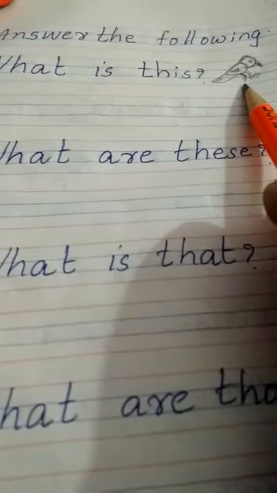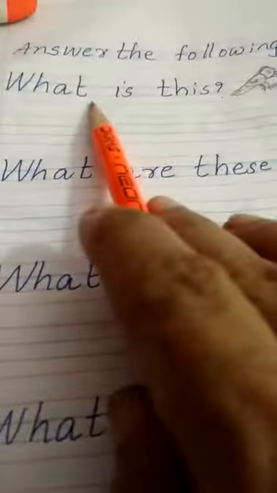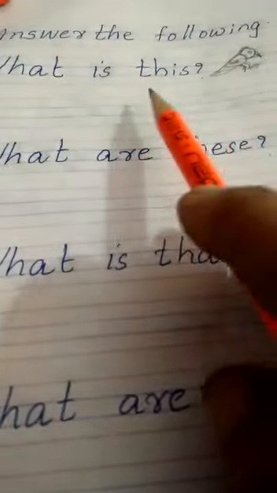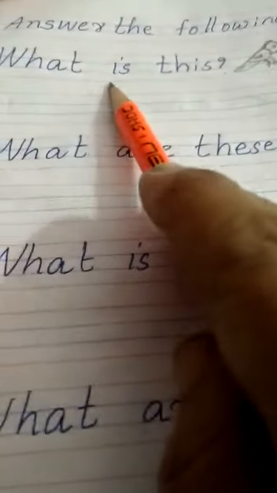Here, this is a picture of a bird and see where the picture is. The picture is near to the sentence. Then how you will begin the answer? First you will write this, then you will write is, then you will write the picture name. This is a bird.